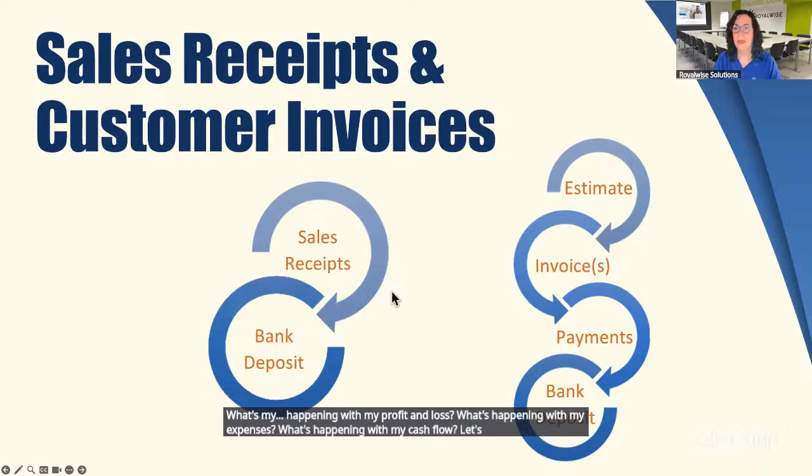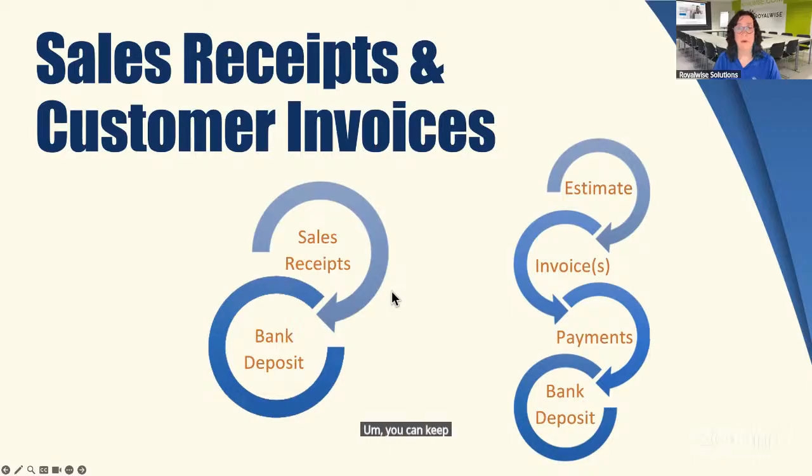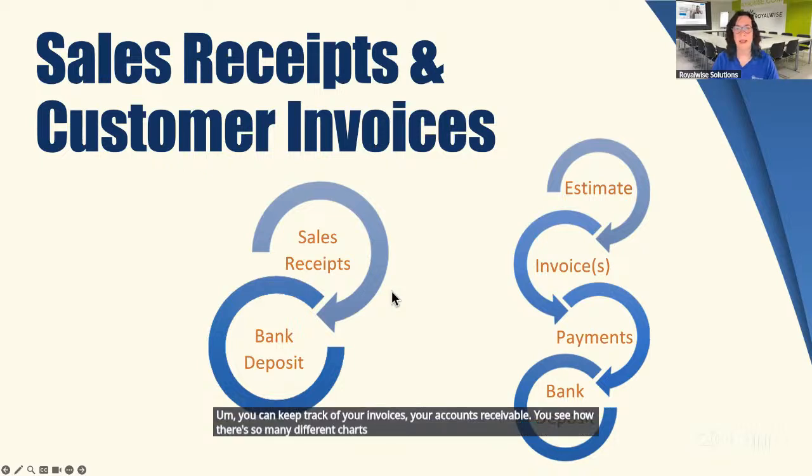Let's compare my money in and money out every month to see which months I'm making money and which months I'm losing money. You can keep track of your invoices, your accounts receivable. You see how there are so many different charts here that allow you to really get a feel for what's happening inside your company. And it's all interactive.